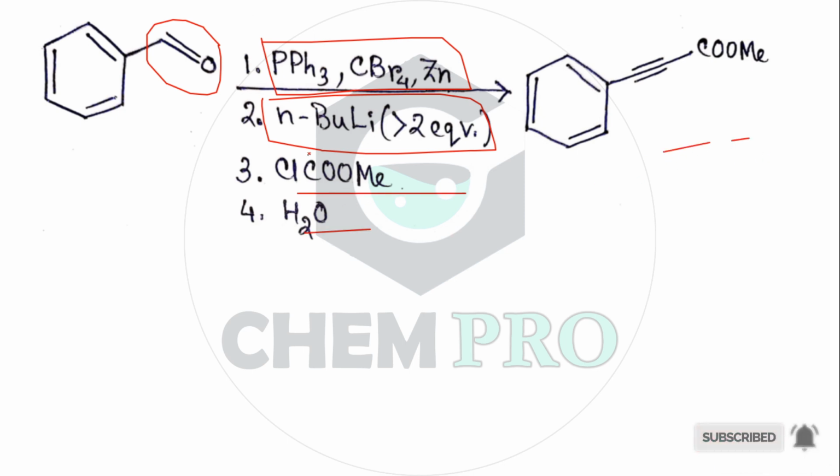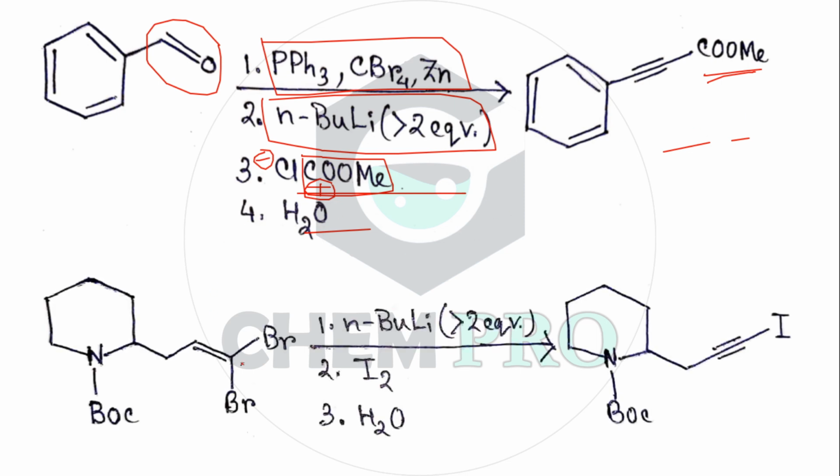So here the electrophile is COOMe plus, and Cl minus is the ion. So we have the electrophile COOMe plus, and we can have the COOMe at the terminal alkyne in the product.